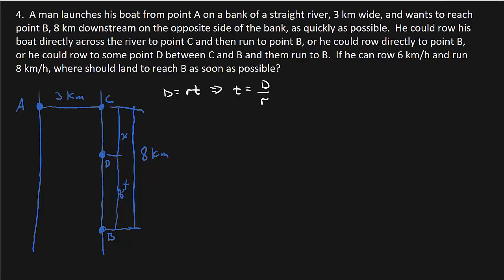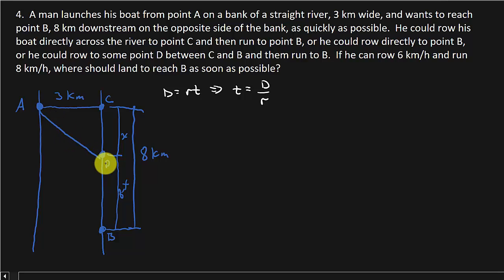All right. So if we draw a line from A to D, what would this distance from A to D be? Well, remember, this is a right triangle. So this side here would be the square root of x squared plus 9, right?